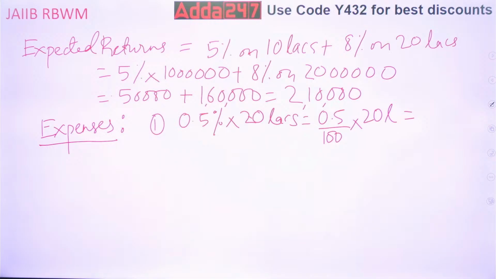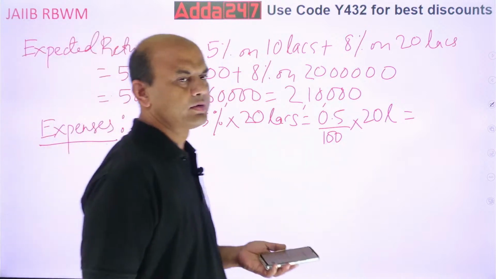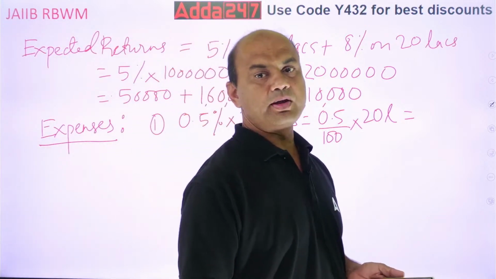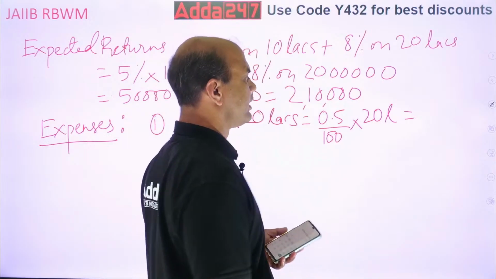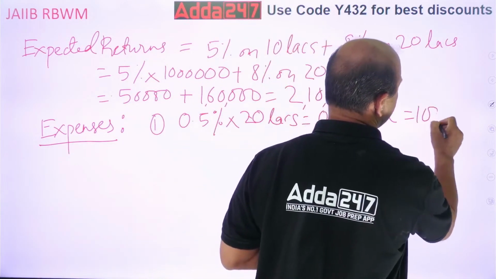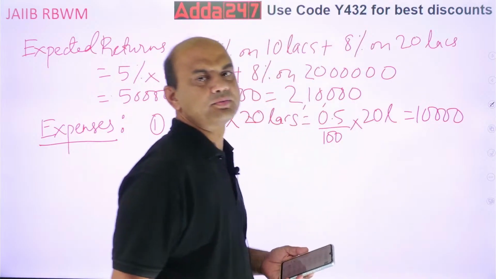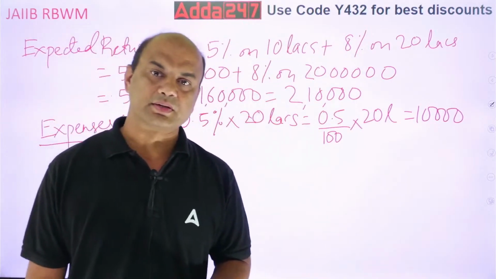Don't try it orally, try it on the calculator. So 0.5% of 20 lakhs is equal to 10,000.